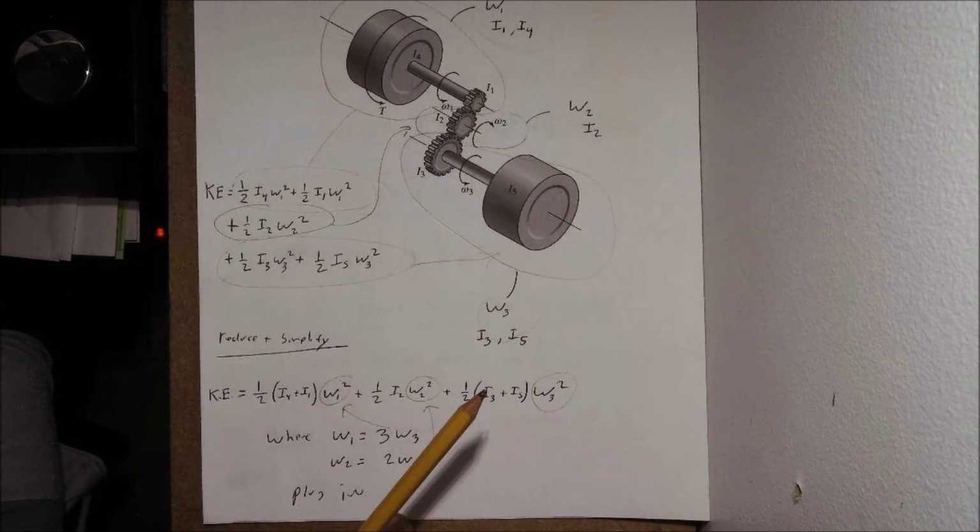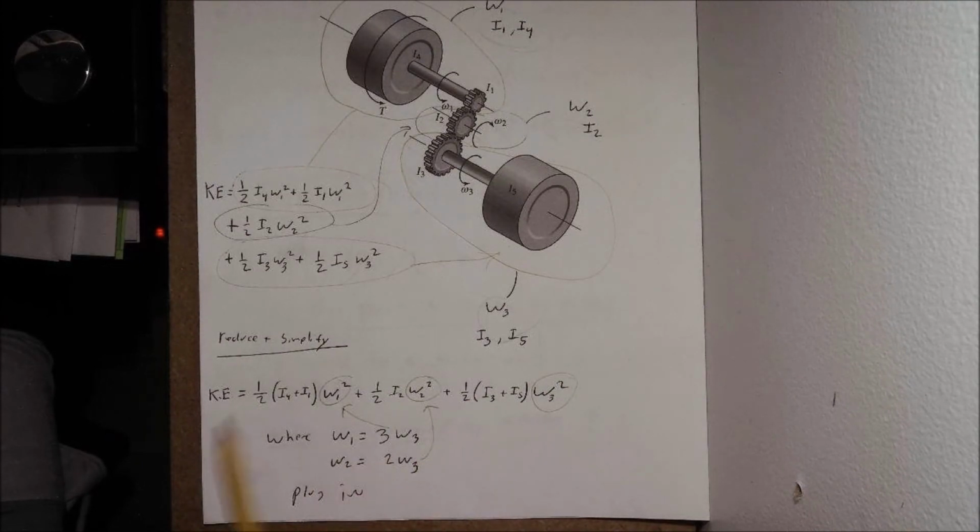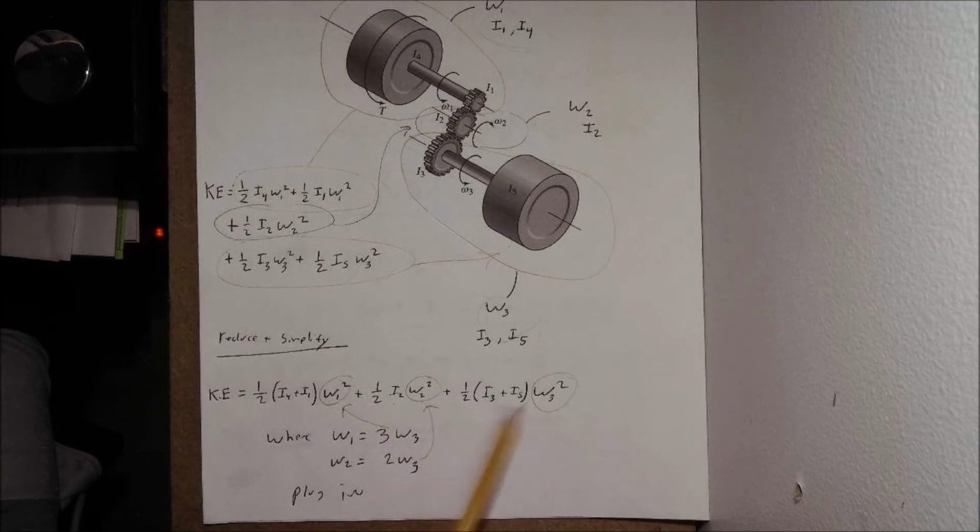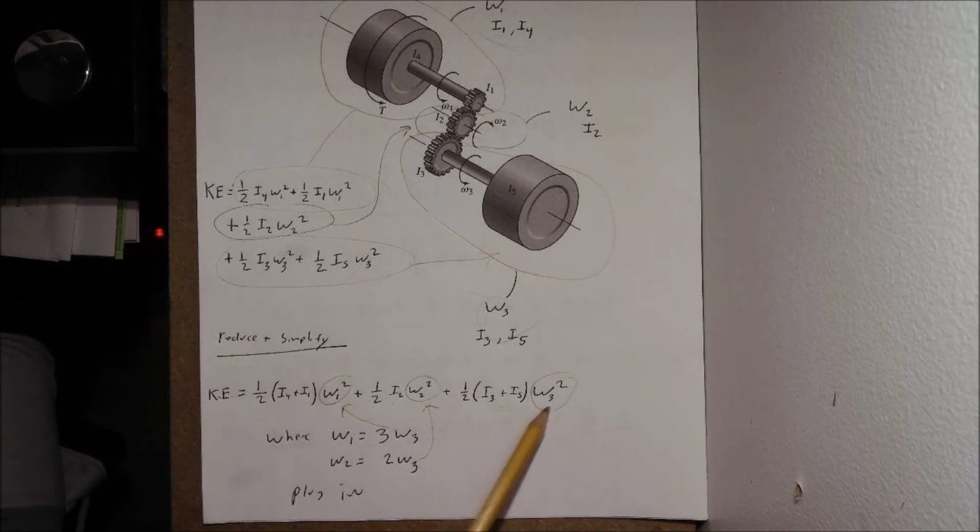Now within that I can reduce and simplify. Do that here. My kinetic energy equation now becomes 1/2, combine my I's there, pull up my omega 1 squared, I4 plus I1 times omega 1 squared, plus 1/2 I2 omega 2 squared, plus 1/2, pull up my omega 3 squared here, I3 plus I5 times omega 3 squared.